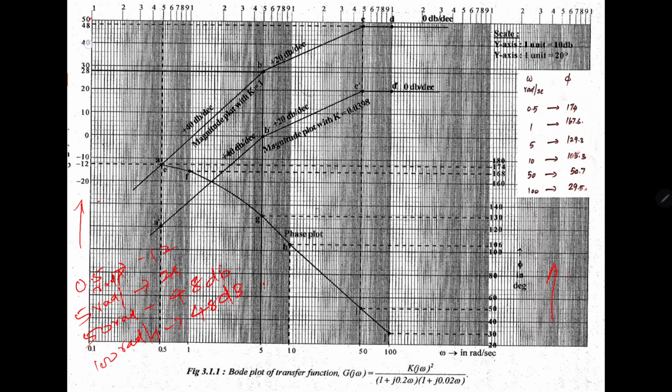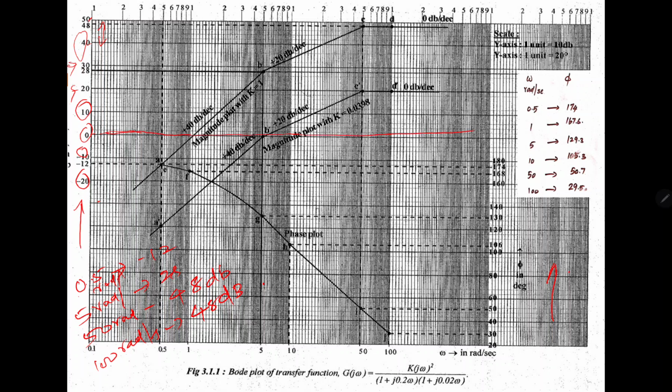The next divisions are 40, 30, 20, 10, 0, and minus 10, minus 20, like that. So one unit is 10 dB. It is very important to mark the 0 dB line, so just mark the line at 0 dB.